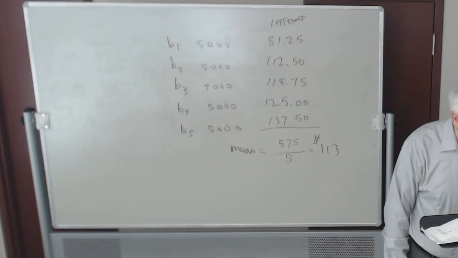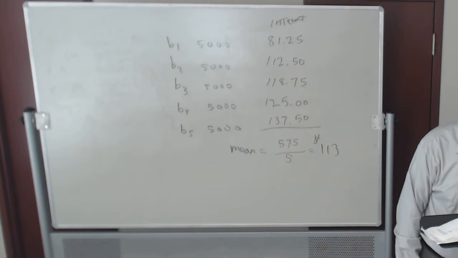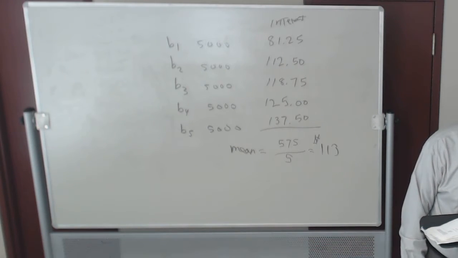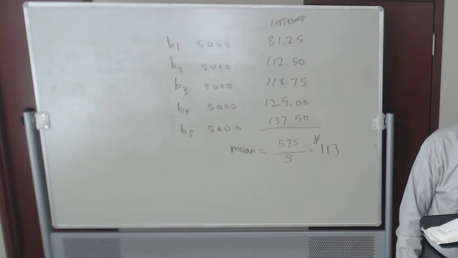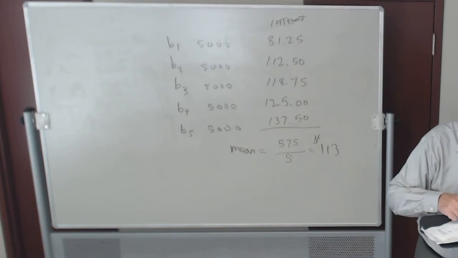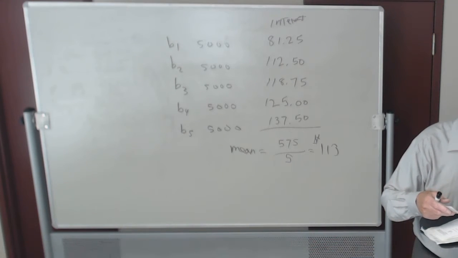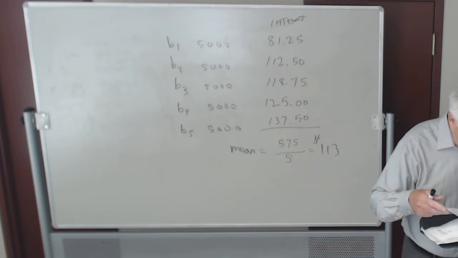Problem number 22. Find the mean and the median number of 5 or 6 room houses in the 4 tracts. I'm supposed to look at the table on page 802, Table 12.15.